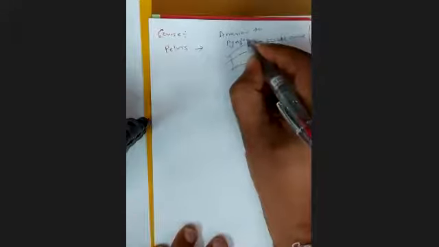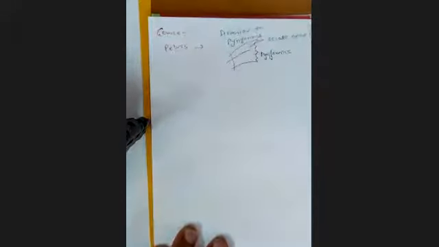This is the piriformis muscle, and this is the sciatic nerve. So in the pelvis the relation is it lies anterior to the piriformis.